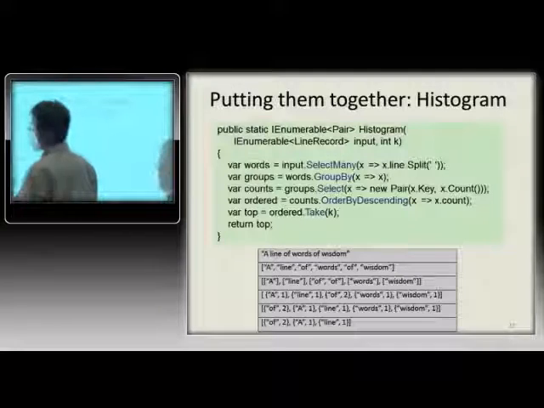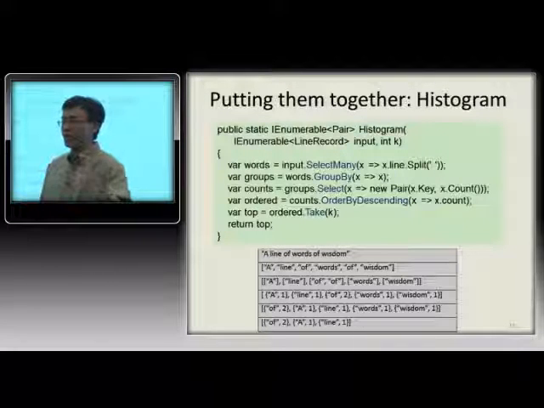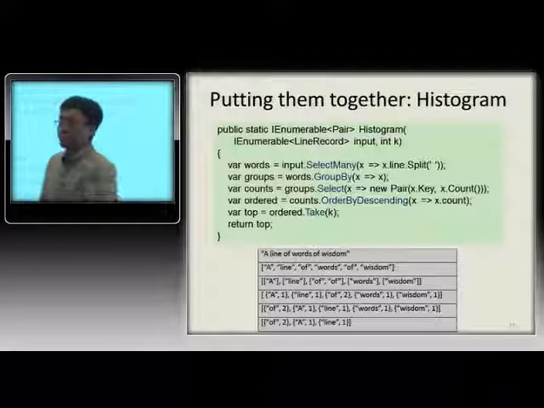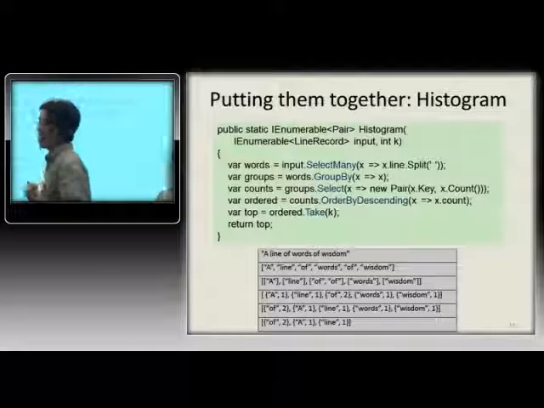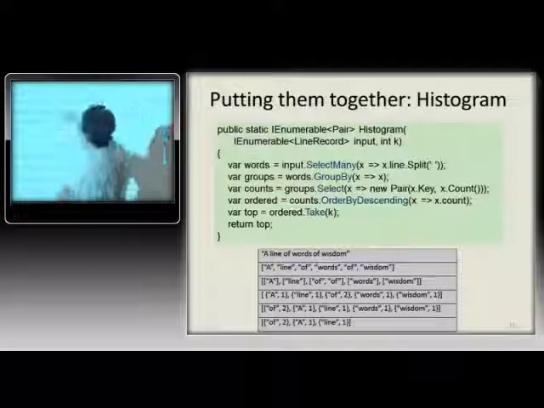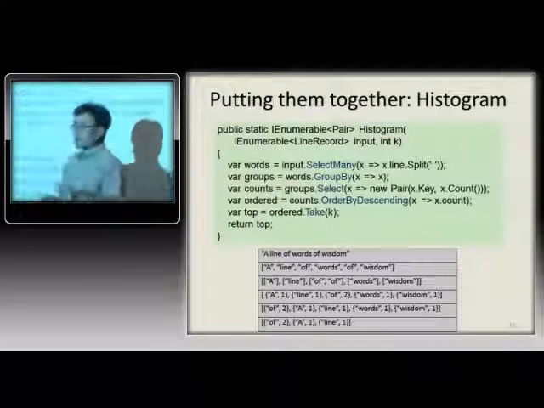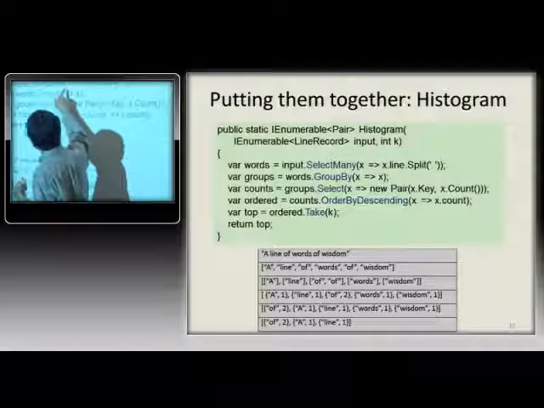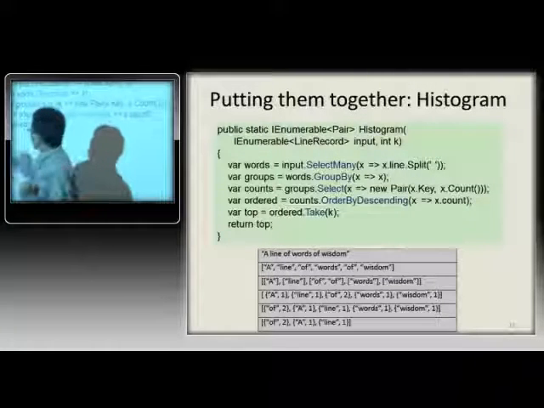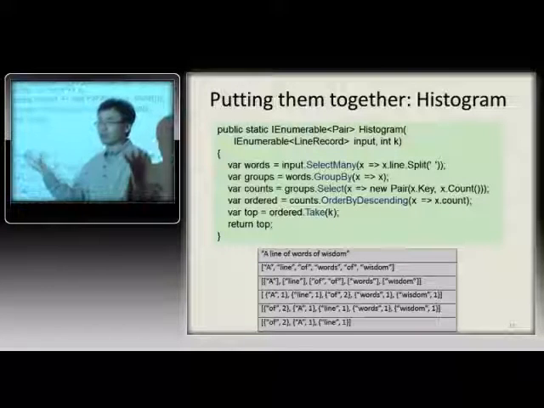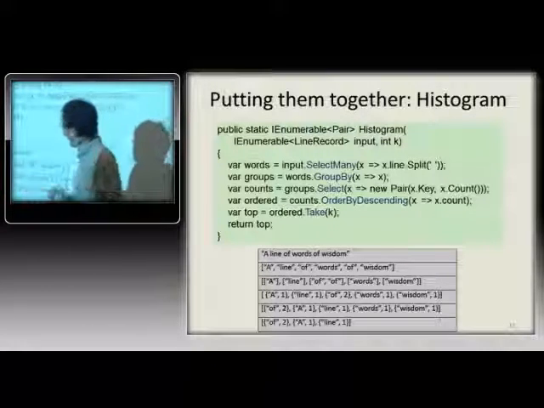Imagine the input is a collection of lines of some novels or texts. The first thing it does, remember we talked about this, is to split the line into words and then flatten it. So now I have a collection of words of the entire document.